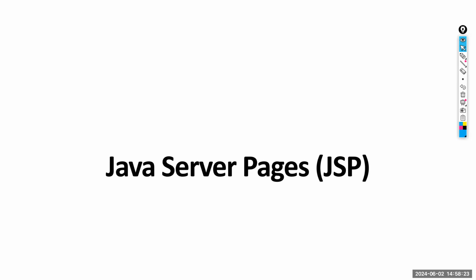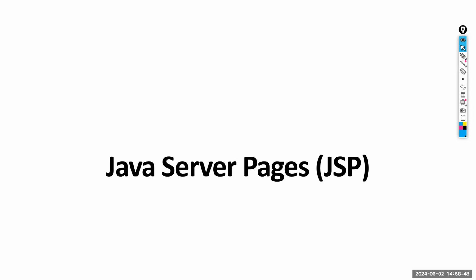And also if you have a lot of CSS, JavaScript and so on, things are going to be really unnecessarily complicated. So therefore we have another technology called JSP. So when you work with a lot of UI heavy things, rather than map your URL to the servlet, you can use a JSP.